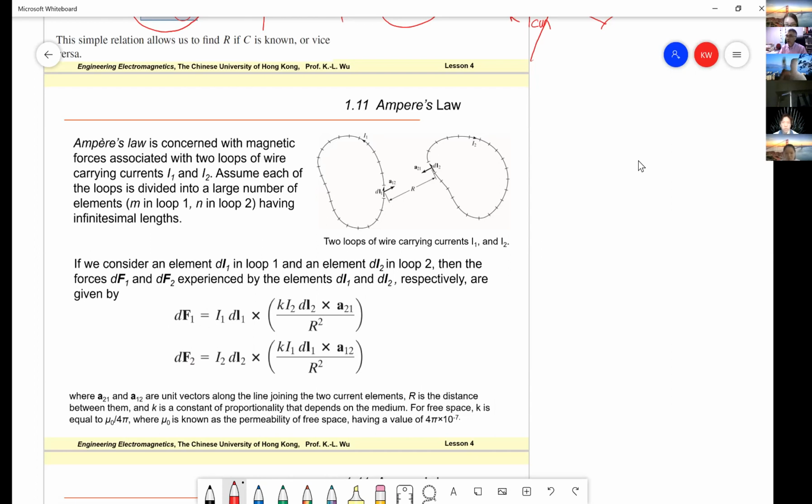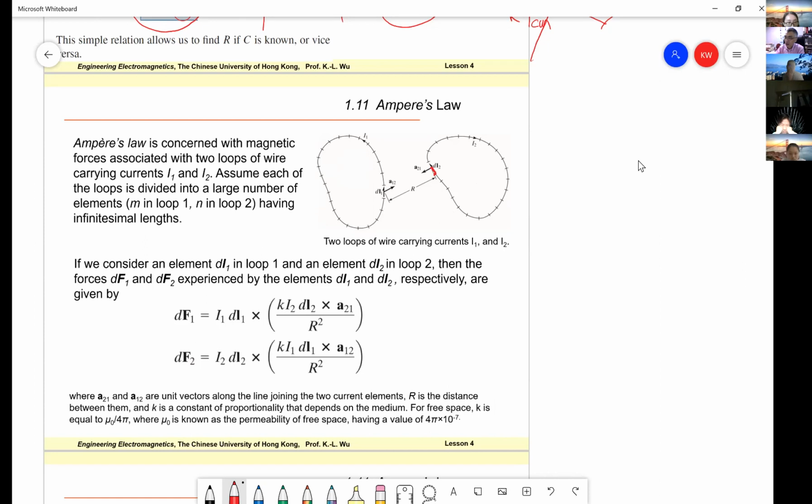If I have a closed loop with a current I2 flowing in one direction or the other, and I put another current loop close to it, then I look at a very small section of current loop 2.